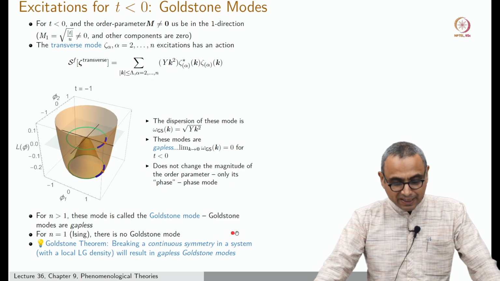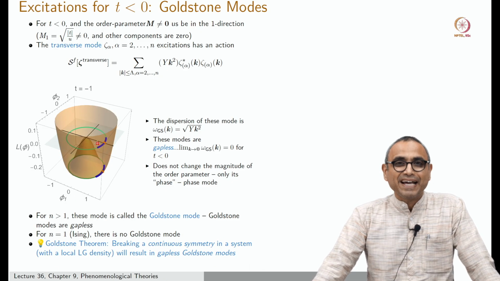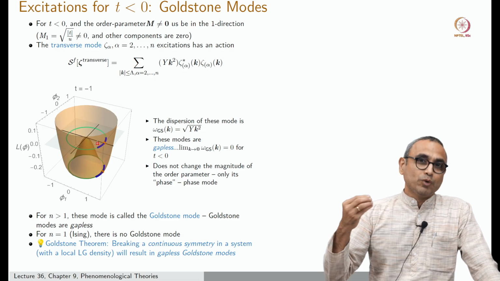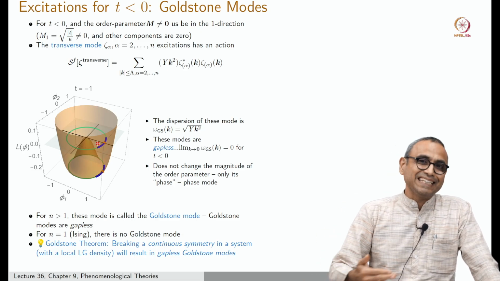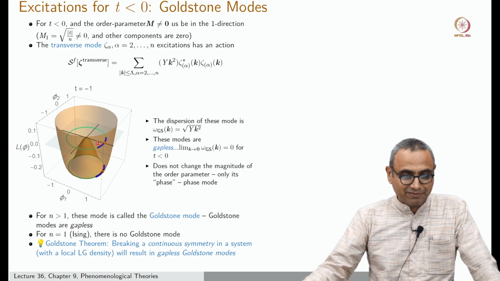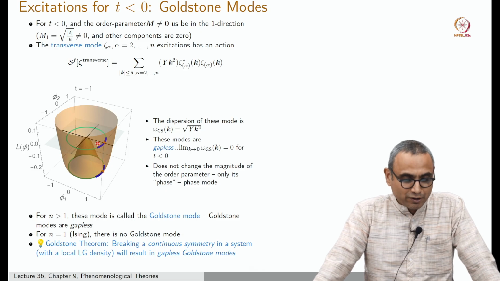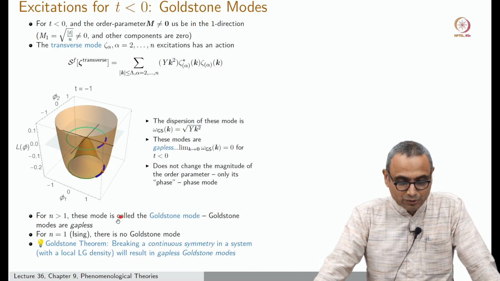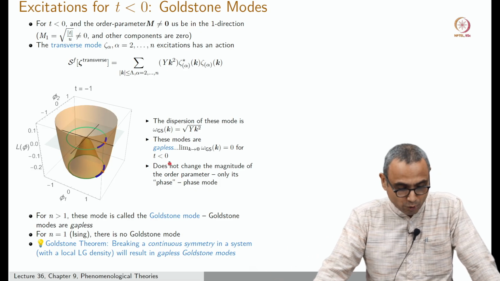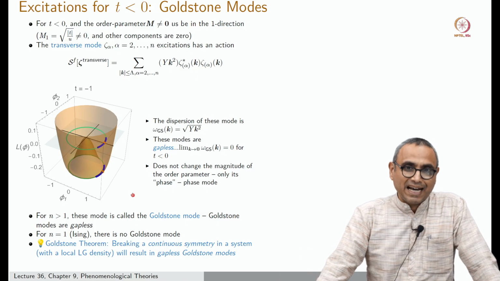For us, it will suffice to see that if you break a continuous symmetry, you will produce gapless excitations, and we are seeing this by an explicit example like the O(N) model we have constructed here. You take any reasonable model with any continuous symmetry group and just work out the details, you will be able to see that this is true, provided, of course, you have something with local interactions, etc., which is like writing it in terms of some kind of a Landau energy density.